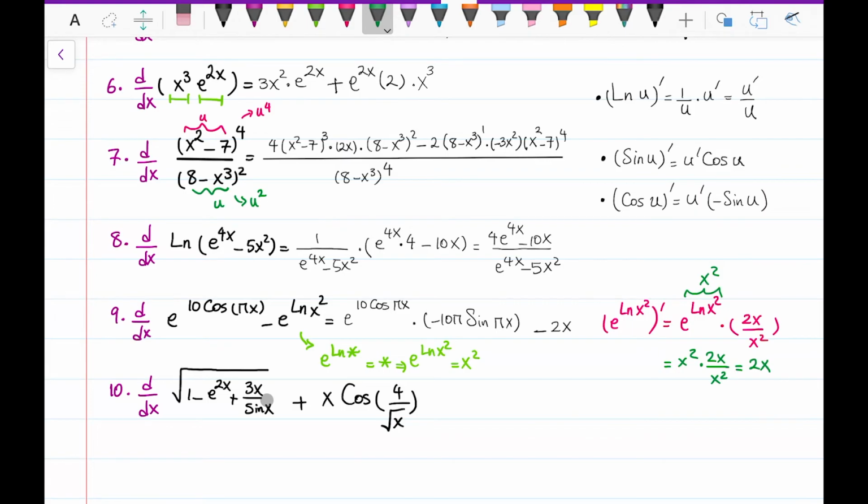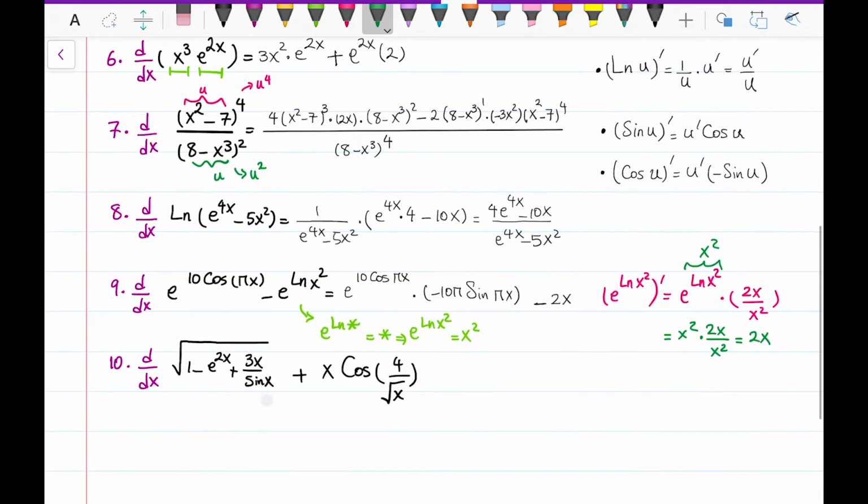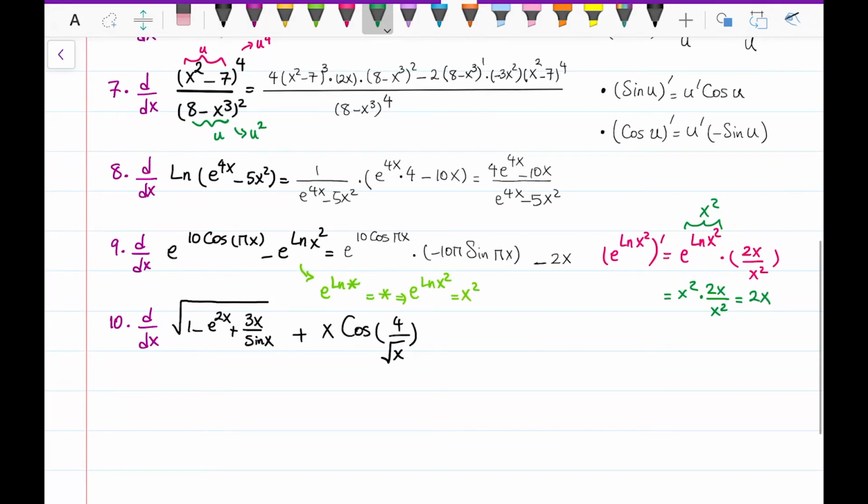Now for the next example, we're going to review everything. Okay, let's see. We want to find this derivative. We have the square root of a function.